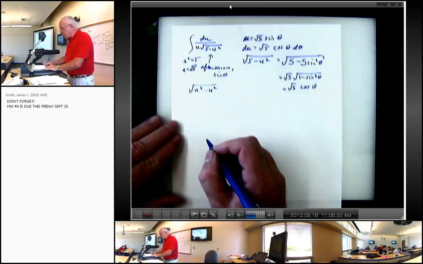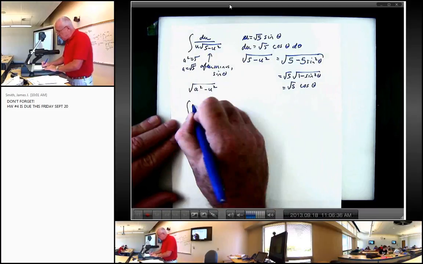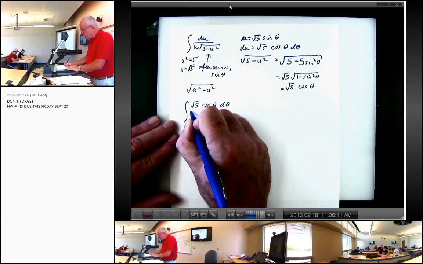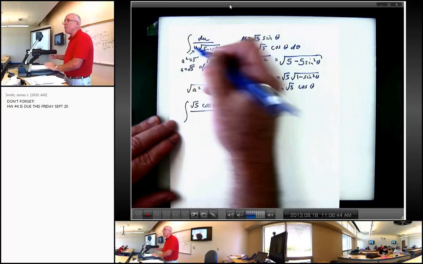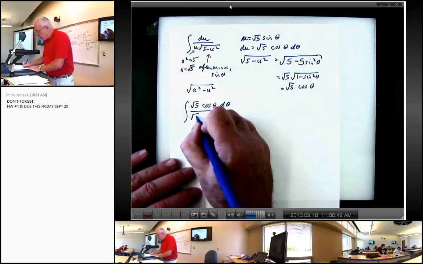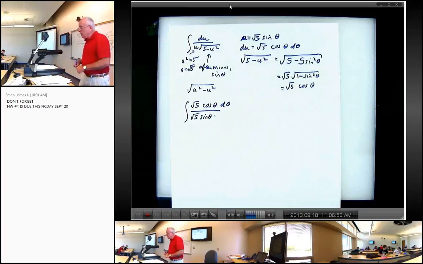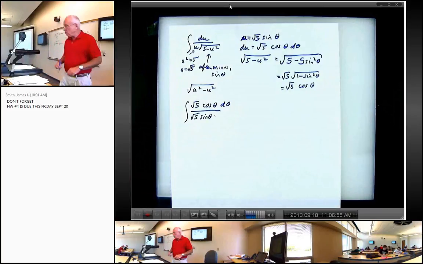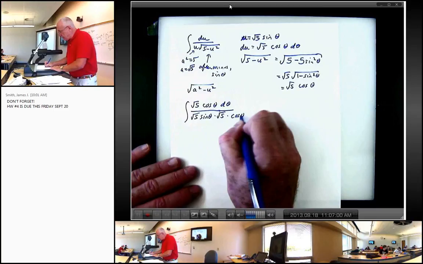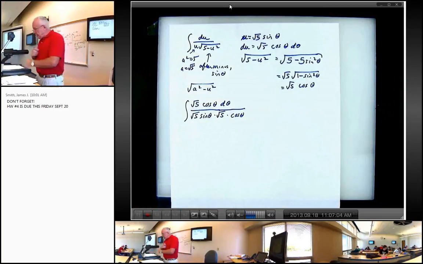All right, so let's replace everything now. Our du is going to be replaced by the square root of 5, cosine theta, d theta. Now don't forget, we have a u in front of the radical, so I need to stick that in here. My u is the square root of 5 sine theta, times the radical replaced with the square root of 5 times the cosine of theta. So get everything replaced and cancel out what we can.